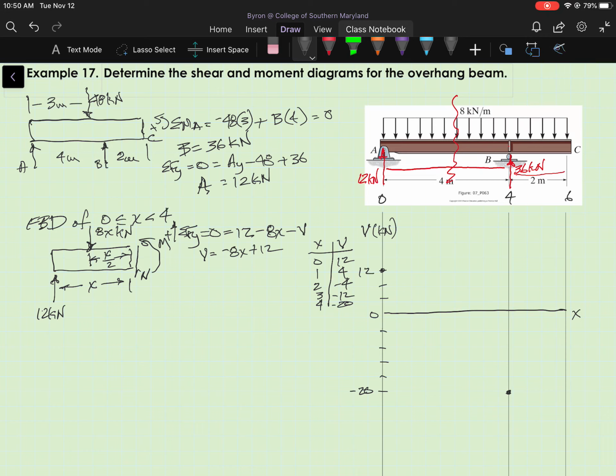At x equals 2, V is -4. At the halfway point I should be at -4.